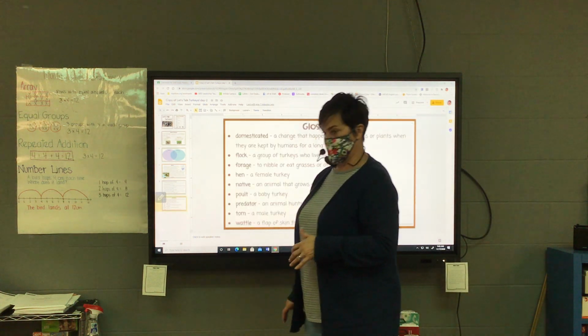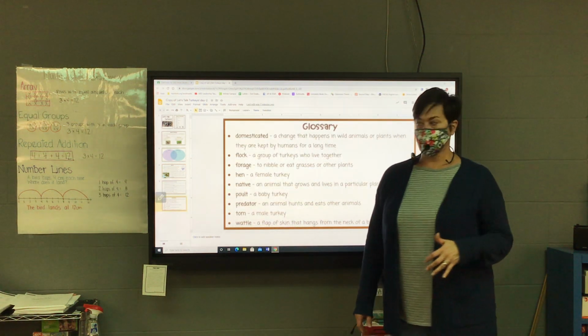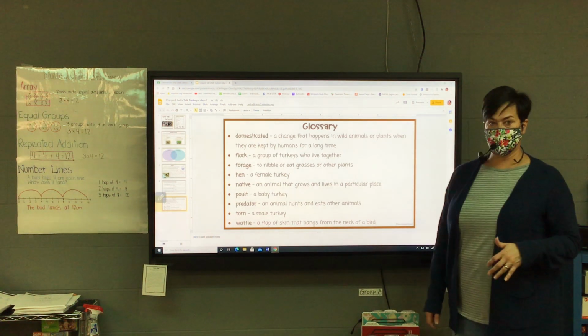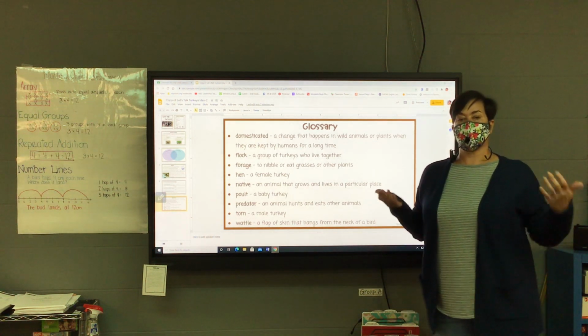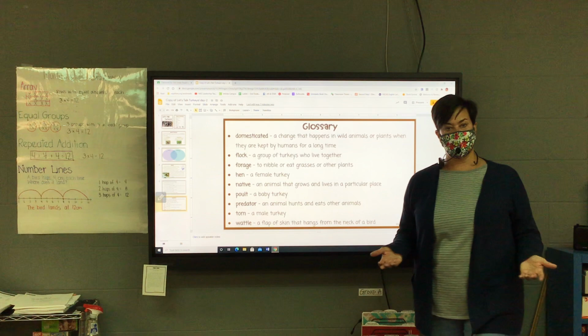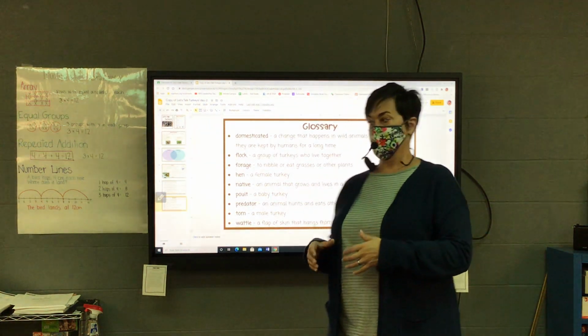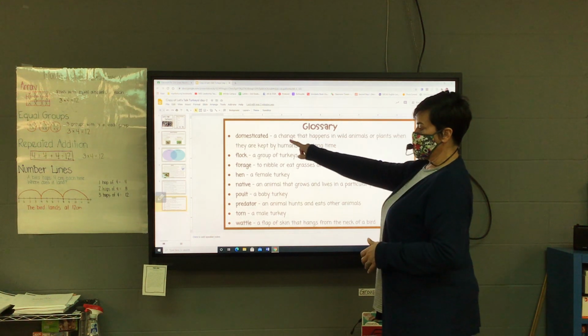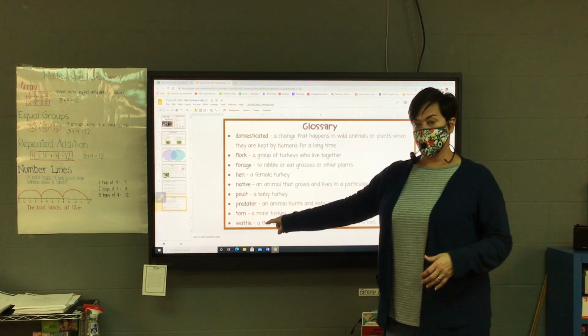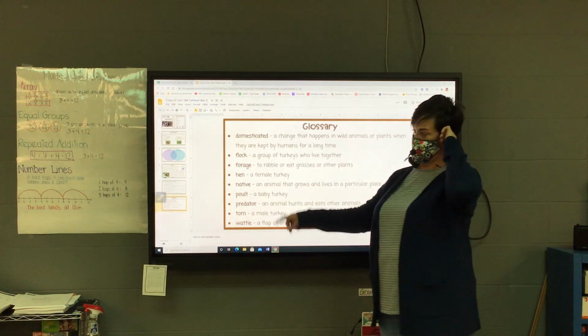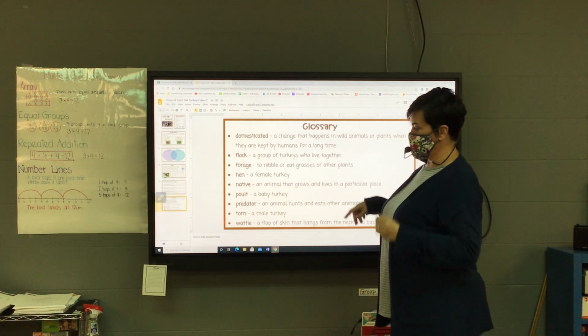Look down at the 6th slide. What is this? The glossary. And the glossary is kind of like a miniature what? Dictionary. The words are in alphabetical order, ABC order, and they tell us what those words mean.